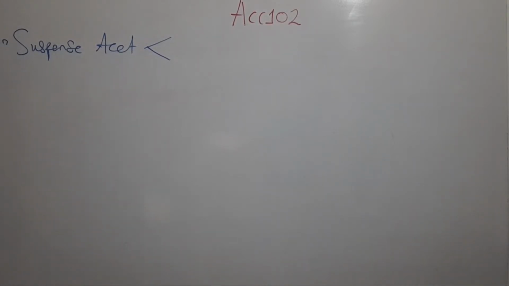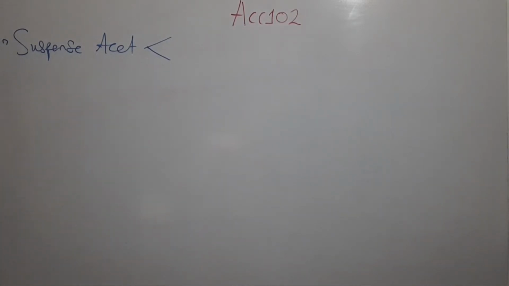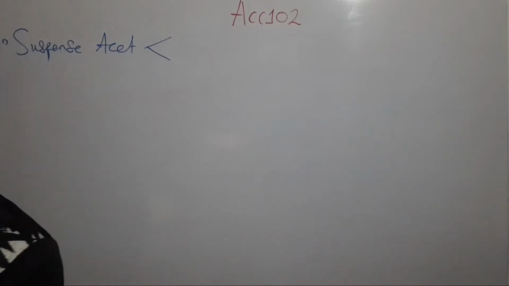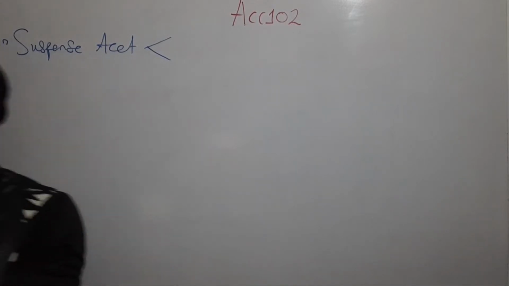Listen to this. It says, when a trial balance is not balanced and there is no time or it is not convenient to immediately locate the correct balances of the errors because the final accounts are urgently required, then the trial balance can be made to balance by inserting the balance figure and describing it in a suspense account.